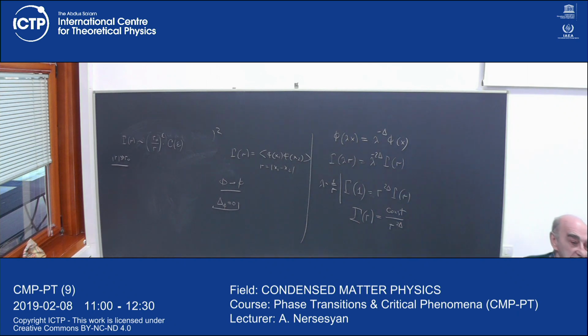We have replaced our microscopic variables like Ising variables, Ising spins, or three-dimensional spins, classical or quantum, doesn't matter, by some fields. And the coordinate on which the field depends is just the result of this coarse-graining procedure. So the center of gravity, the center of this bubble, if you wish, of some radius L, which is much greater than interatomic distance, but much smaller than the correlation length. So this is why we define the physical point.